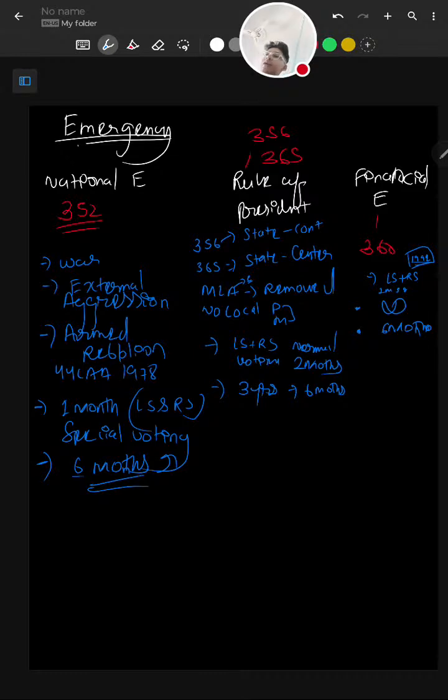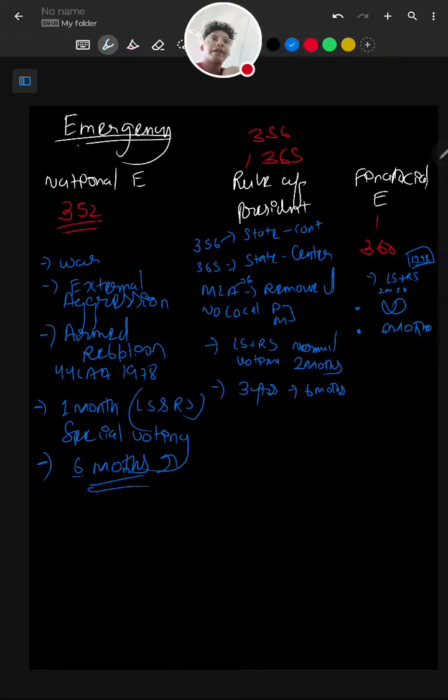Now going on to some final details. In national emergency, when you are applying the national emergency, it is applied with Lok Sabha plus Rajya Sabha, right? What if the Lok Sabha at the time is dissolved?